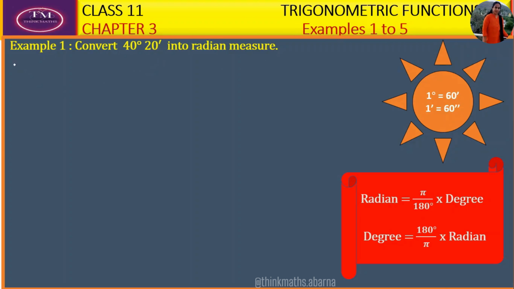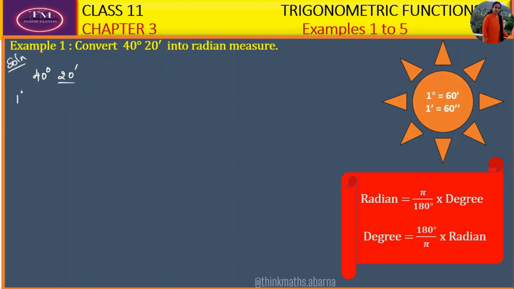The first step is to convert this 20 minutes to degree format, because in radian measure we have only the value of pi by 180 into degree. So we have to substitute the measurement in only degree, not in minutes or seconds. So we have to convert 20 minutes to degree format.